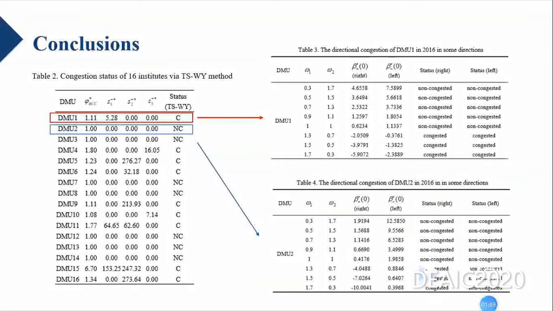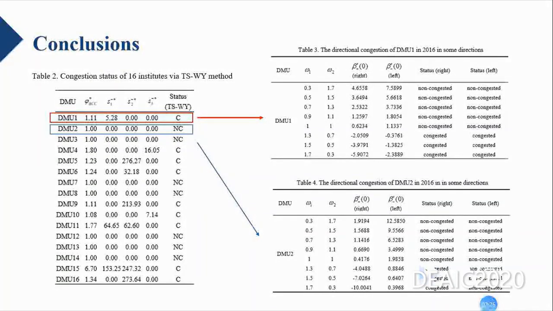As we can see, Table 2 reports the results computed by the TS and WY methods. Let us consider the evaluation results of DMU1 and DMU2. As we can observe in Table 2, DMU1 evidences the left-hand congestion by using the TS and WY methods, but in fact, DMU1 has both left-hand and right-hand congestion in some input directions.